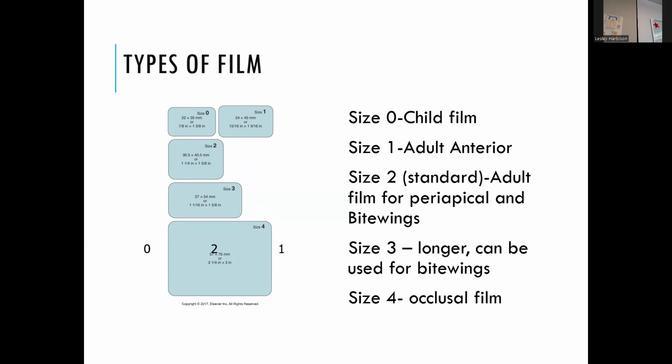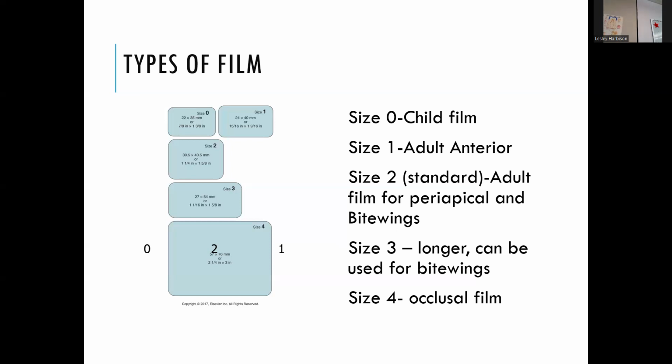There are different sizes of films. You can see them there in the picture. There are real small ones that are usually used for children. With digital x-rays, and the dental assistants here will know this, very seldom do you switch out your digital sensor size. This really harkens back more to traditional x-rays. But some places will have a child size sensor and an adult size sensor, and that's not uncommon.